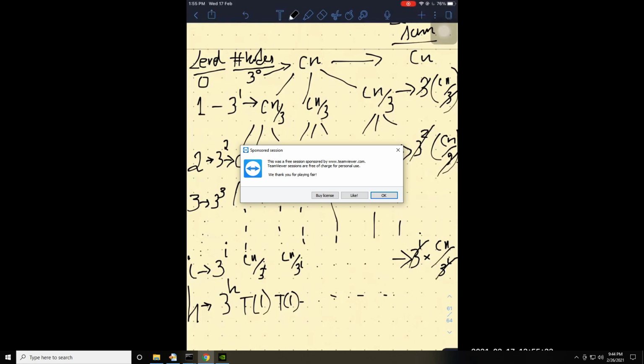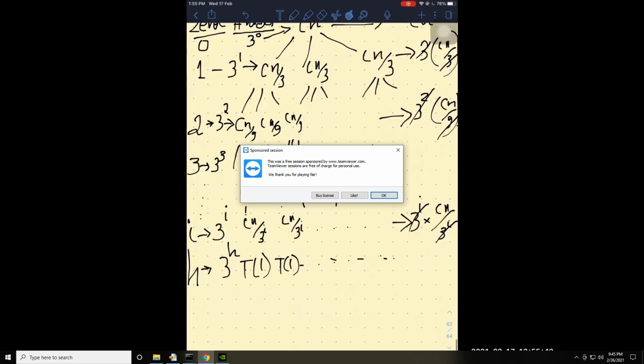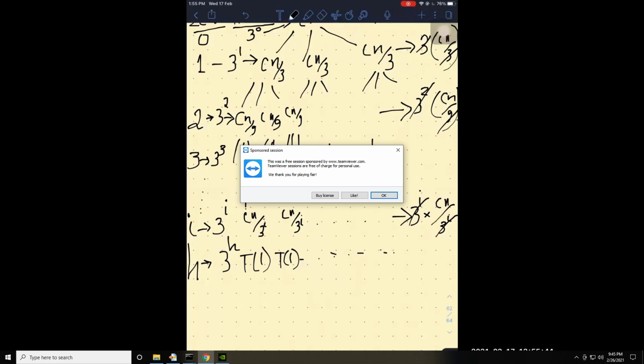So again, this one will be just C of n. Similarly, for the last level of the tree, we will get 3 to the power h times C of n divided by 3 to the power h.